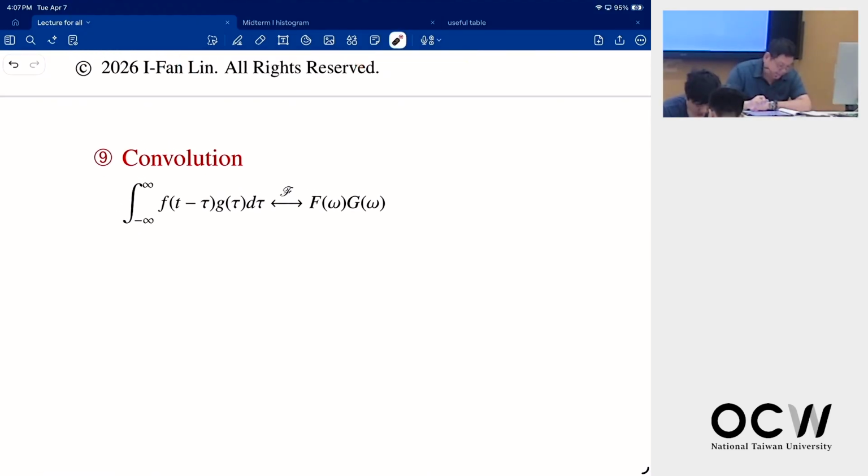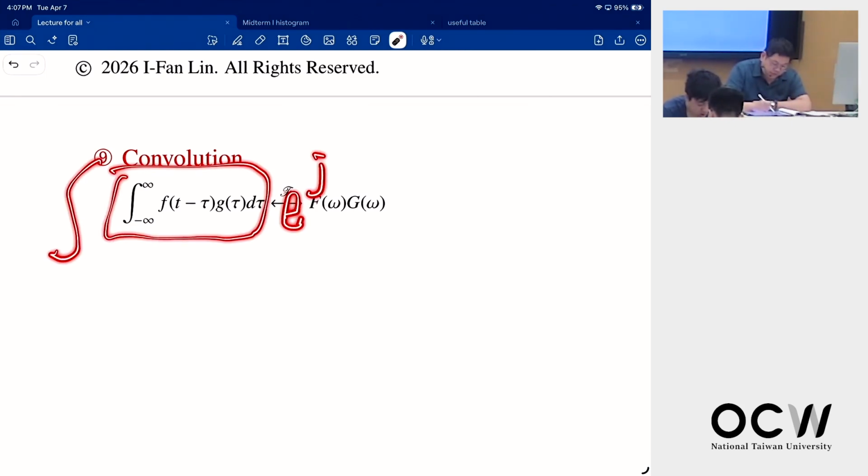If I take the Fourier transform, what happens?